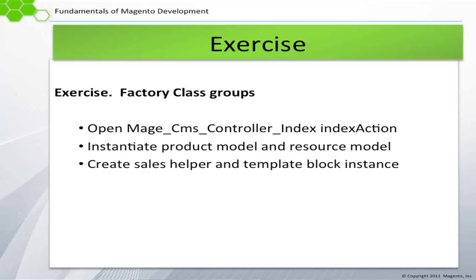All right, so here we are at the end of lesson 6, and we're going to take a second to instantiate the product model, product resource model, sales helper, and the template block instance. Again, this is not a very practical example, but it should help those of you who haven't done this before get familiar with working with these factory methods.